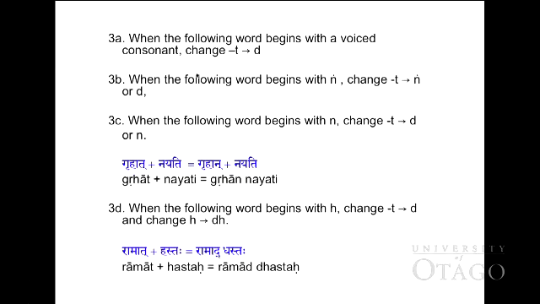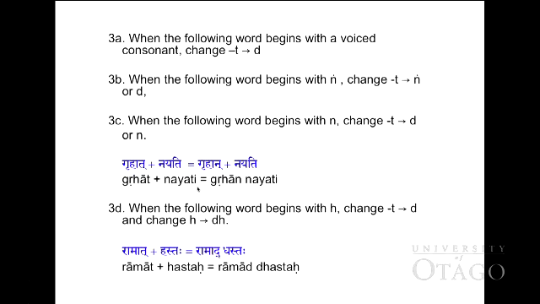Rule number 3. When the following word begins with a voiced consonant, change T to D. And when the following word begins with ṅ, we can change T to ṅ or D. And when the following word begins with n, change T to D or n. See from this example.